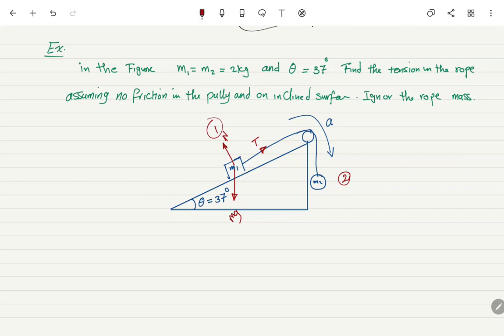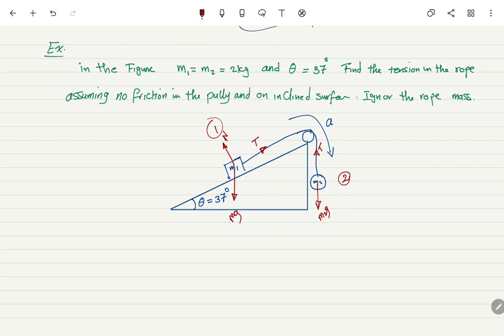And on system 2, we have the weight M2G directed downward, and we have a tension. And remember, since it's the same rope, same material, flexible and unstretchable, it will be the same tension between the two systems.